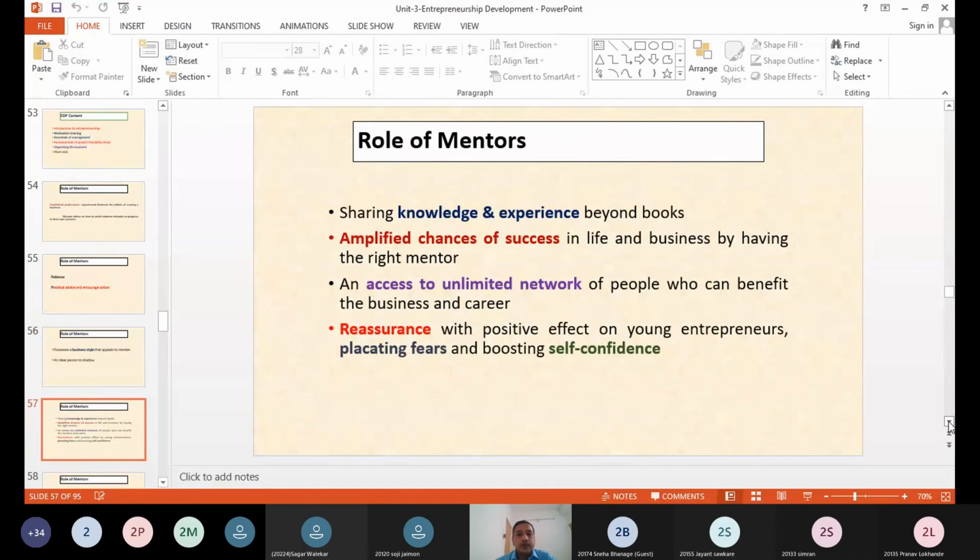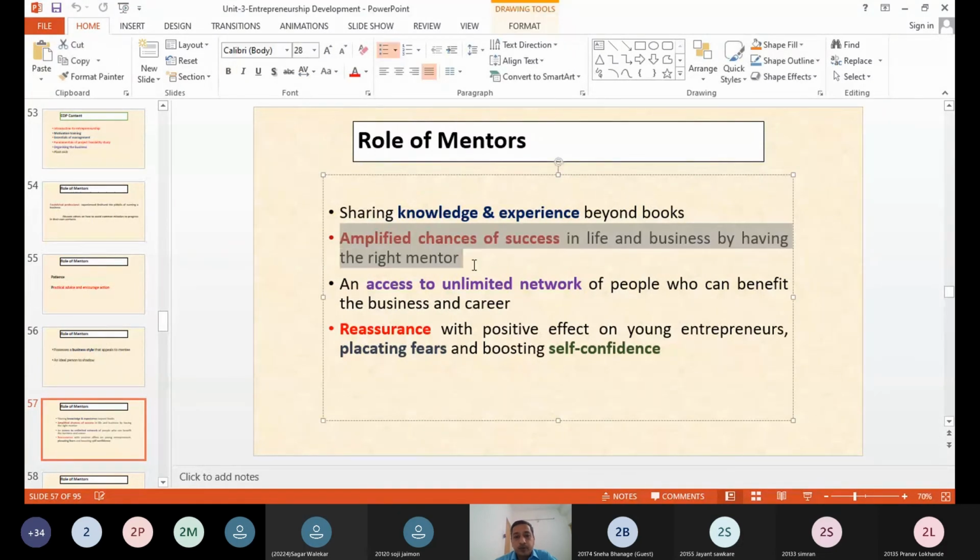So in short, the mentors play a variety of roles. They share the knowledge and experience beyond books, which they have practically experienced while setting up their own ventures. And with this guidance from mentors, there are amplified chances of success.